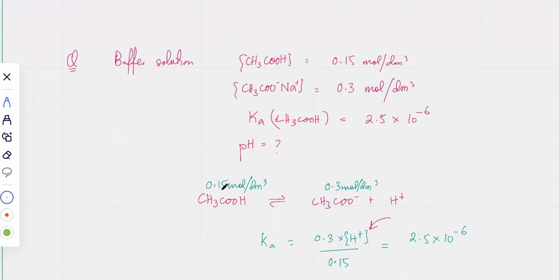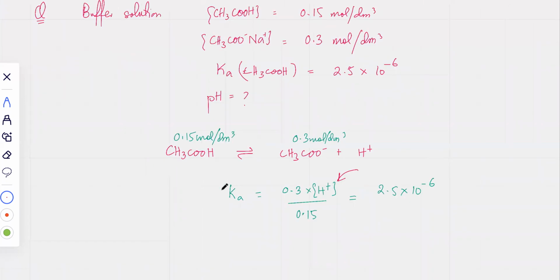What value do we get? Sir, I'm getting 1.25 times 10 to the power minus 6. And what's pH then? That's the negative log of that. So what do we get? 5.9. We're getting 5.9.